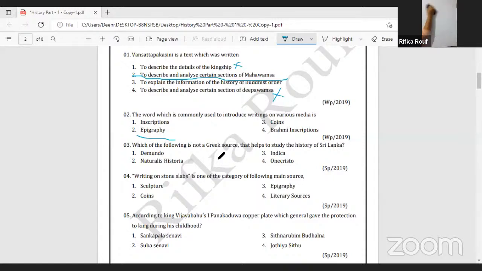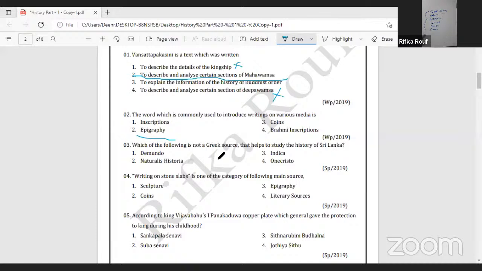There were Greek sources, Arabian sources, Portuguese sources, Holland sources, English sources, Roman sources. All these nationalities have included the information about our Lanka in their books.